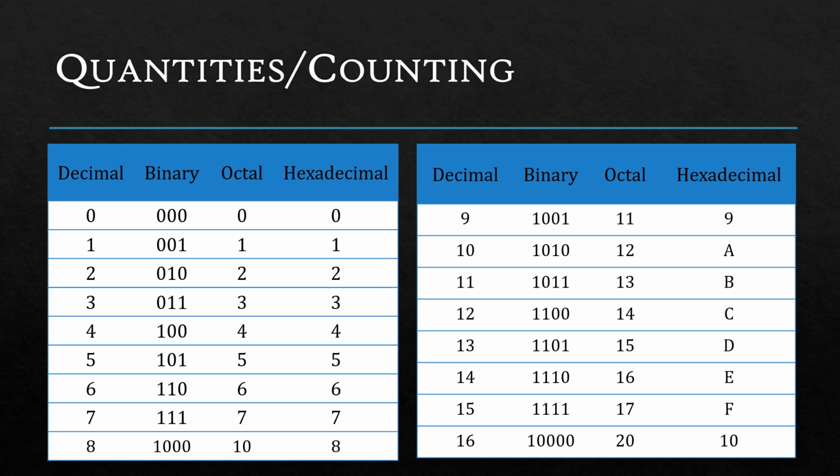So we got two combinations. Then we move to the next bit to get the next two combinations, 0 1 0 and 0 1 1. The next in the sequence is 1 0 0, 1 0 1, 1 1 0, 1 1 1. So using 3 bits, we can represent 2 raised to 3, which is equal to 8 different combinations.